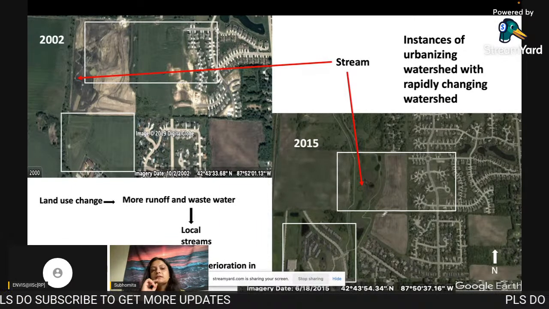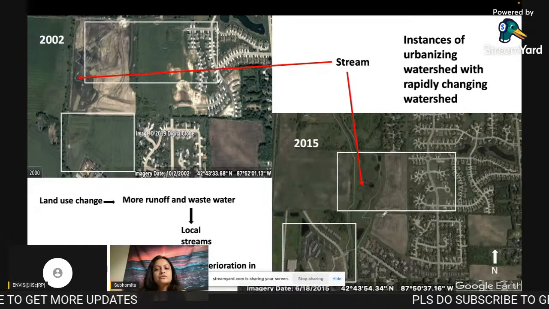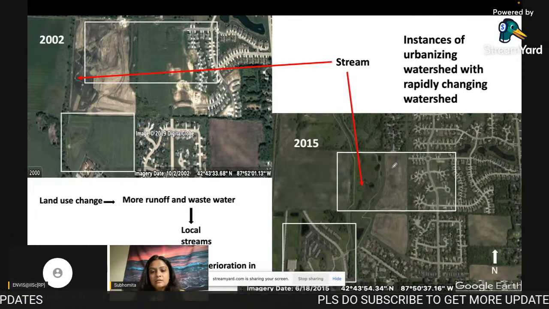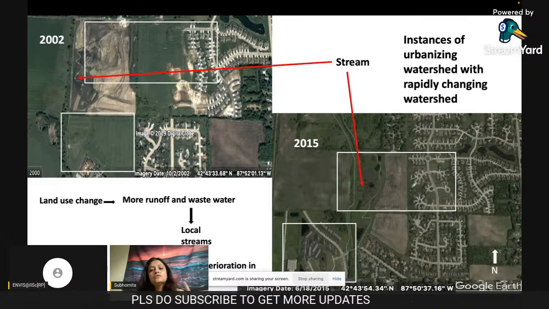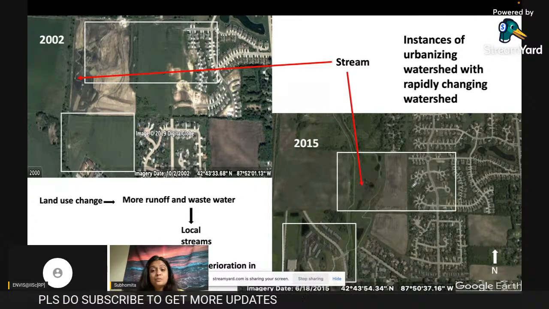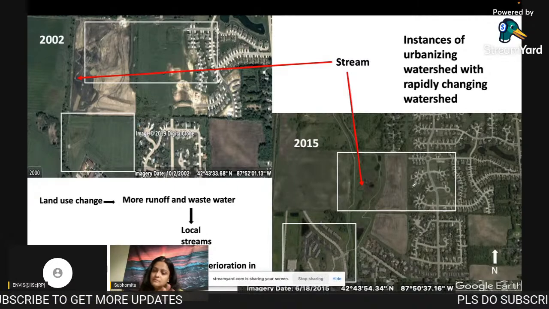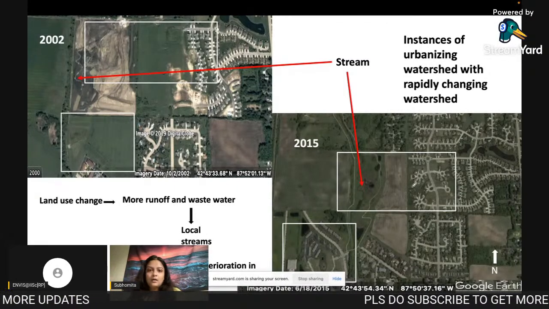So this river went through a major restoration project. Like you can see in this 2015 picture, and probably some in 2002, all these stormwater retention ponds or wetlands were created. At the same time, it also underwent a lot of urbanization.